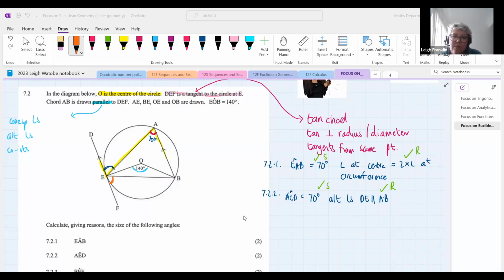If you wanted to say E was 70, which angle would you need to know was 70 to use tan chord theorem? That's it. Good. Well done. Okay, so you're quite right. If you knew that angle B was 70, you could say that AED was 70 because of tan chord theorem. Okay, but we don't actually know the size of the angle at B just yet.